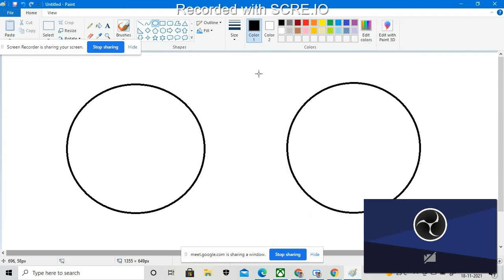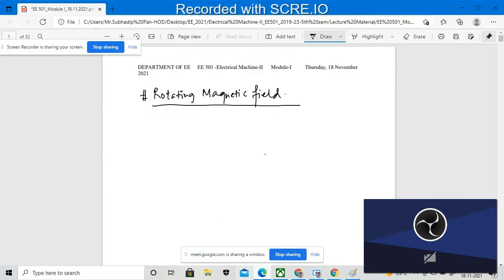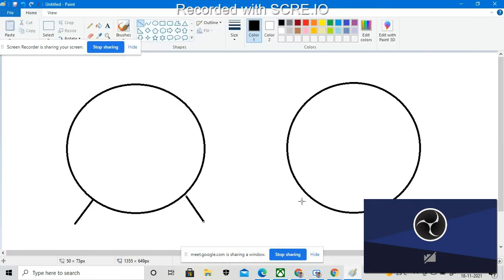So now we have lines. We have lines with this here also.